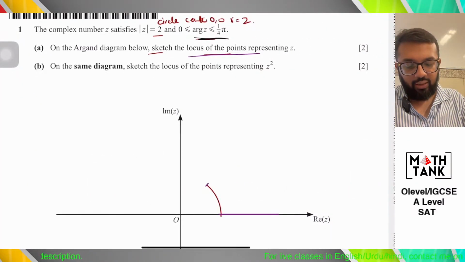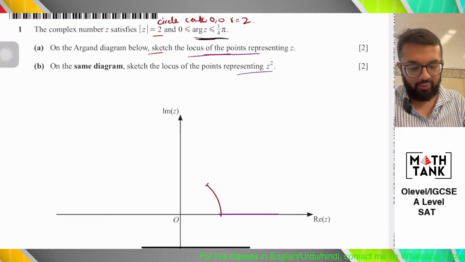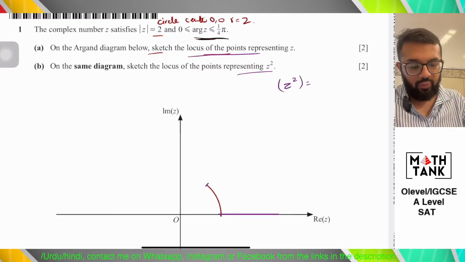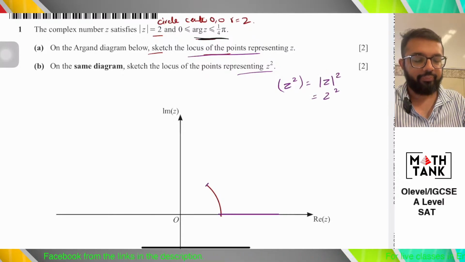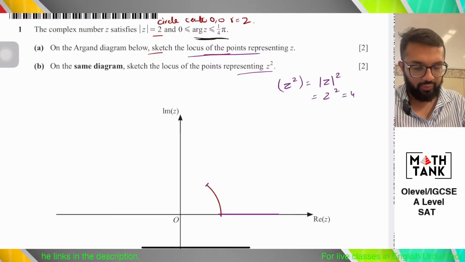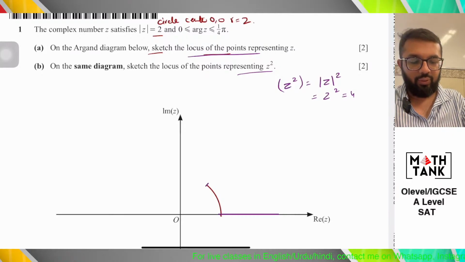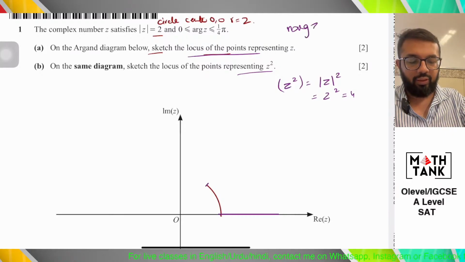On the same diagram, sketch the locus of points representing z square. Okay, so z square is going to have a modulus of, according to the rules, the modulus of z also gets squared, so that's 2 squared, which is 4. So the circle is now going to be at 4, and the argument is going to be n times the argument of z, which means that it's going to be 2 times the argument of z.